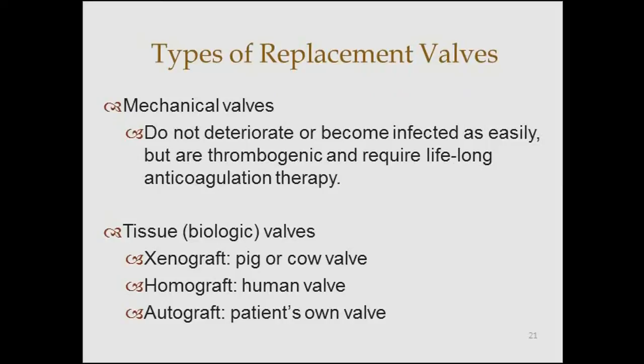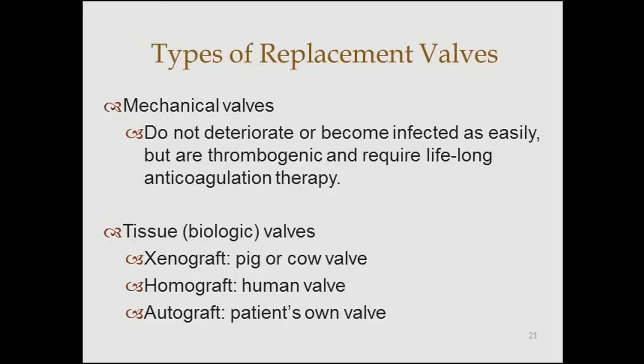But as an adult, let's say a 20, 30-year-old has to have a valve replacement, they probably are going to use a mechanical valve because it's going to last longer. If they use a tissue valve, then there is the possibility that when that person is in their 50s, 60s, later in life, they may have to have another valve put in.